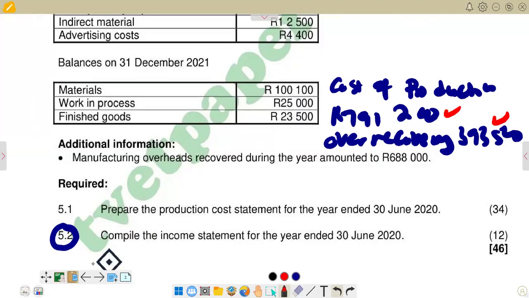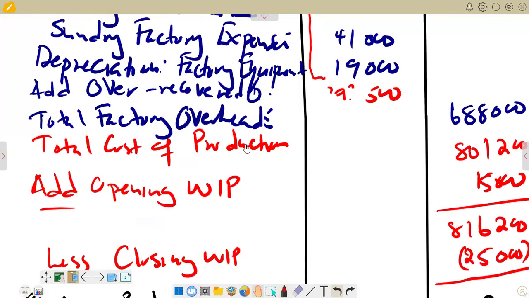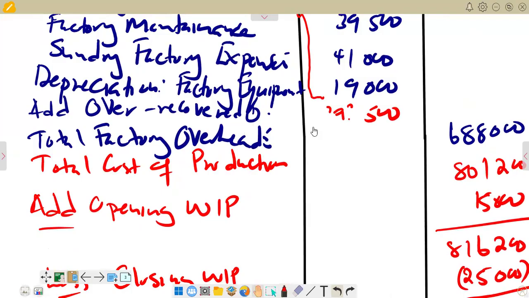In the income statement, we are going to start with the figure for sales. Before we start, we can refer back to the production cost statement that we prepared. This was our cost of production of finished goods, and our over recovery was 393,500. These are the two figures that we are going to use.